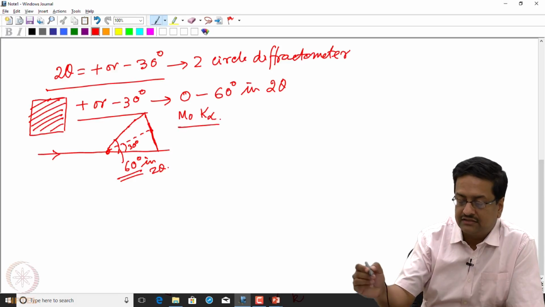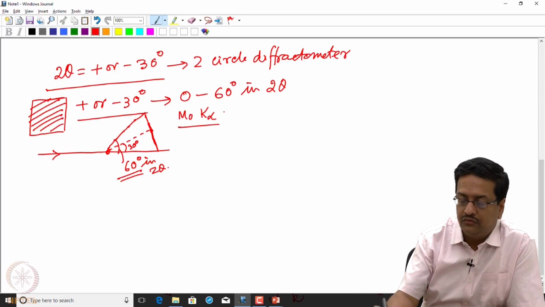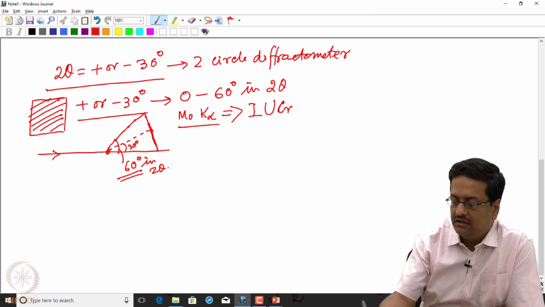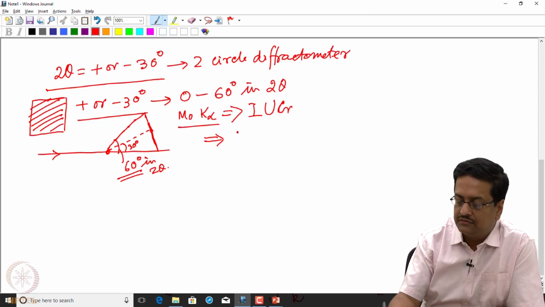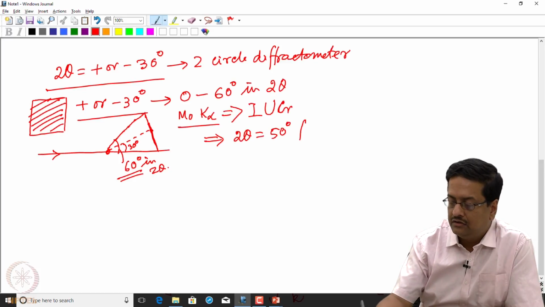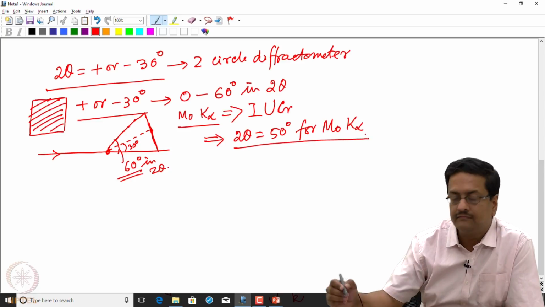MoK alpha radiation, and we collect 60 degree because the IUCr limit, International Union of Crystallography, limits a minimum of 2 theta equal to 50 degree for MoK alpha radiation.